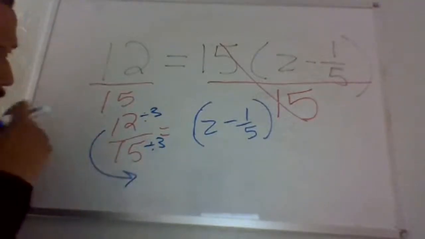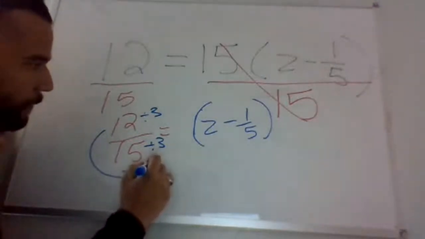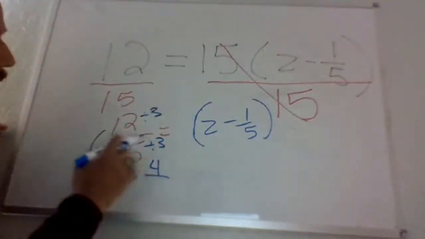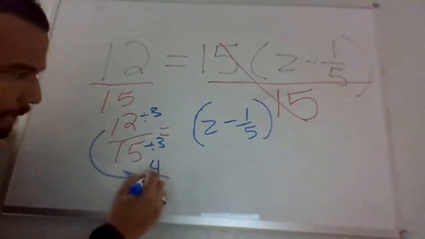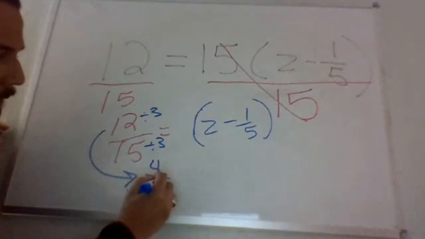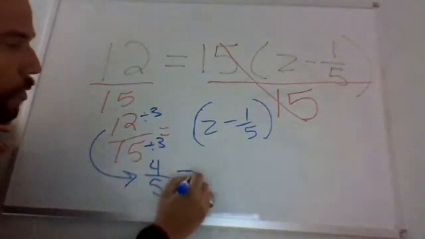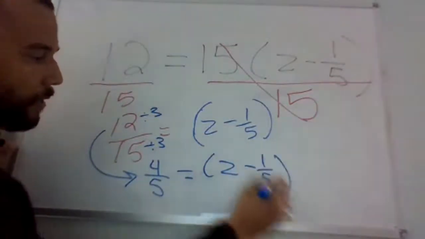So that's 4, because 12 divided by 3 is 4. 15 divided by 3 is what? 3, 6, 5. Oh, 5. Yep. So now we have 4/5 equals z minus 1/5. So what do I have to do now?